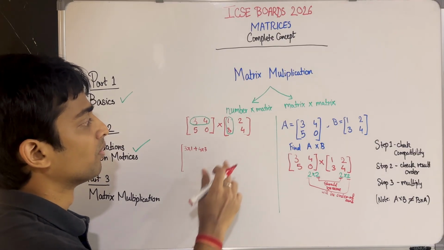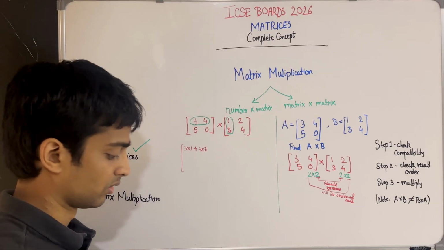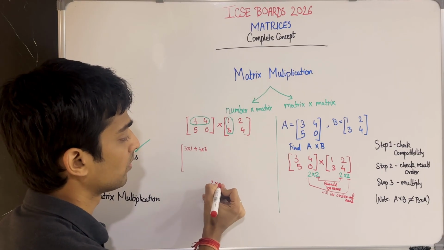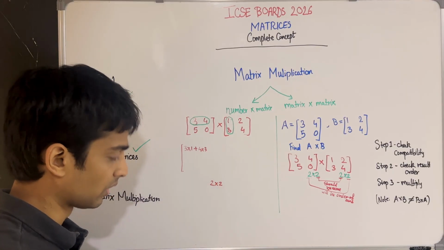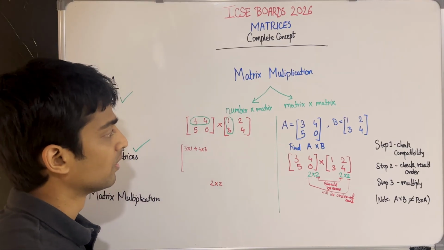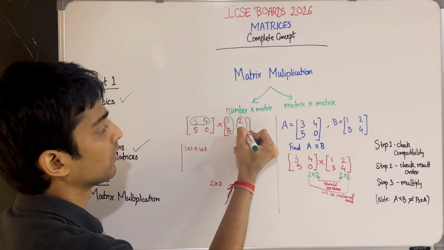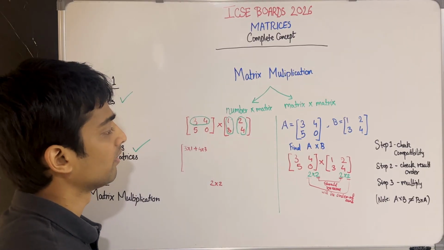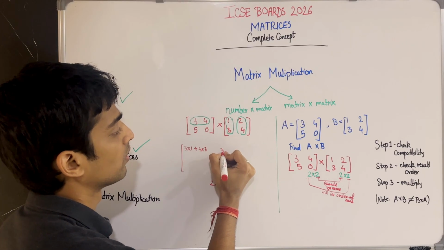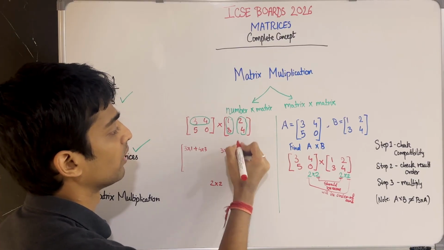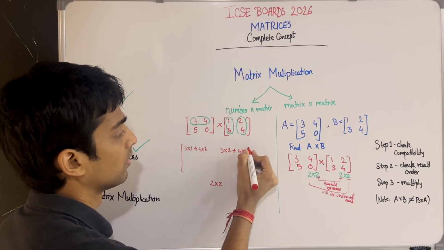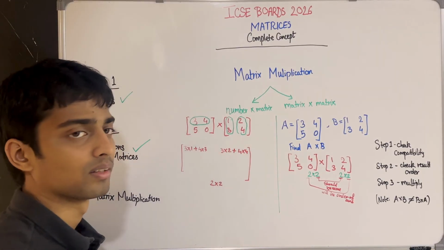Now for the second element, we know the order is 2 by 2, so there will be another element over here. Again we'll take the first row and multiply it with the second column. So what do we have? 3 into 2 plus 4 into 4. This will be our second element.